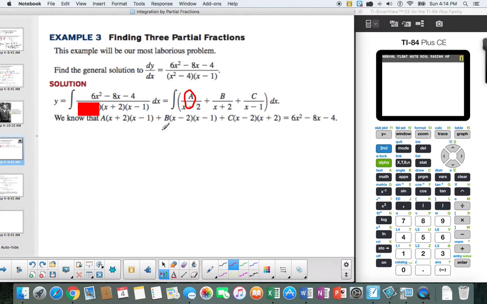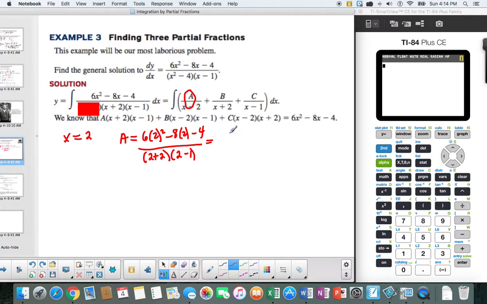So I am going to let x equal 2 in this whole expression. So A will be equal to 6 times 2 squared minus 8 times 2 minus 4, all over 2 plus 2 times 2 minus 1.